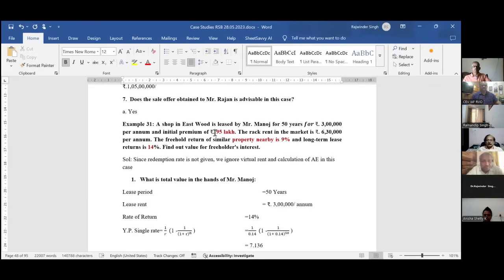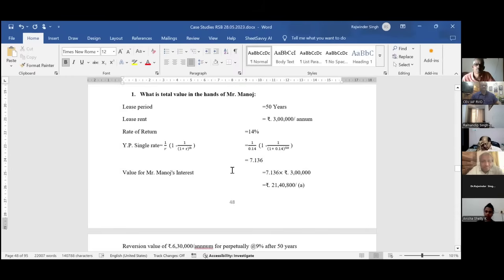How can you find that income? Can't we just find the future value of 95 lakh? Basically we have to find the income which will be generated from this 95 lakh. How can you calculate the net income? Through the income approach method, if I'm not wrong. So the income approach method formula will remain the same.